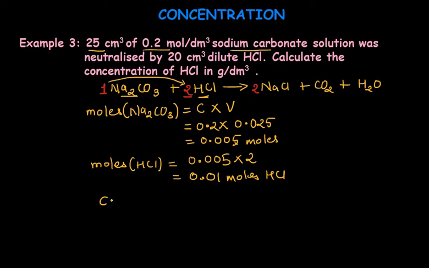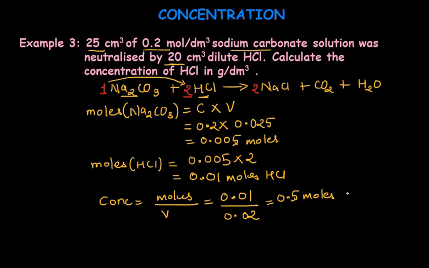Now we can apply the formula of concentration, that is moles divided by volume, and moles is 0.01 and volume here given is 20 cm cube. If we divide it by 1000, then we get 0.02, which gives us the answer of 0.5 moles per dm cube, that is decimeter cube.